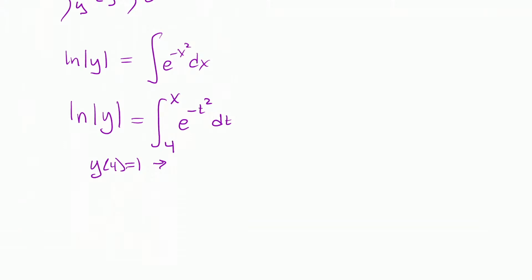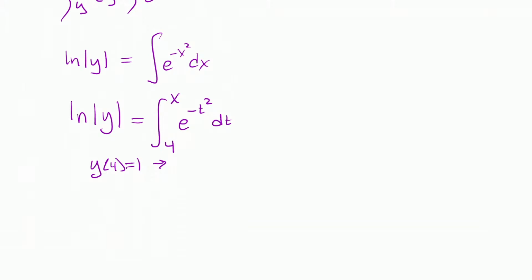And I had to change the x to a t here because you can't have the same letter as one of your limits. But this, using the fundamental theorem of calculus, is the same. There's two forms, and I forget if it's the first or the second form, that says this would be the equivalent to dealing with that initial condition.